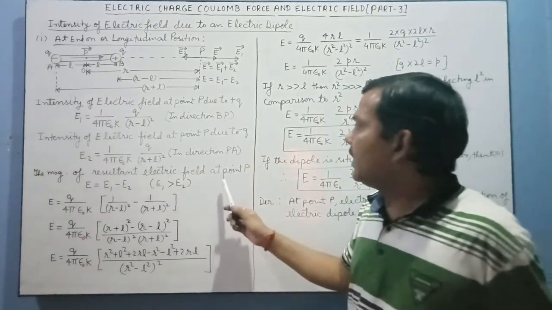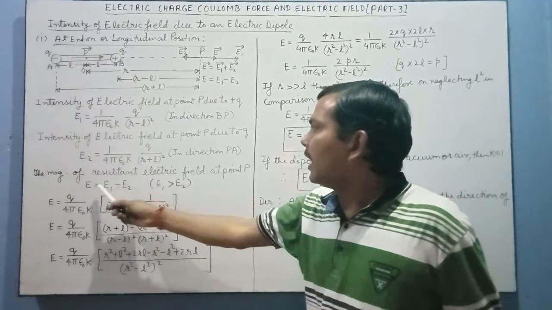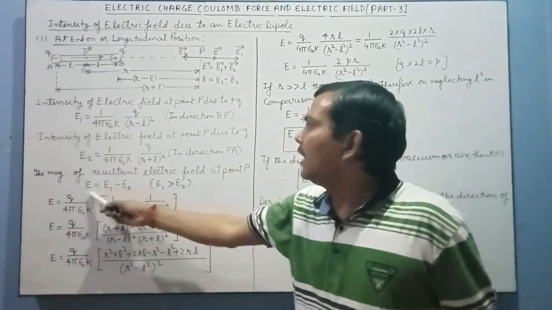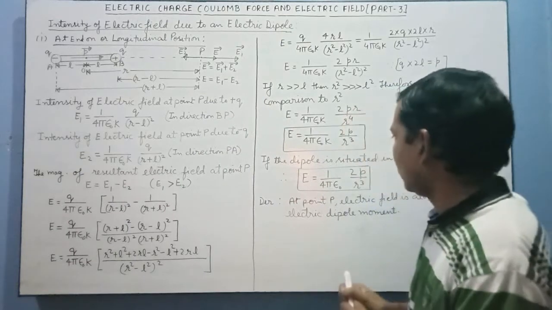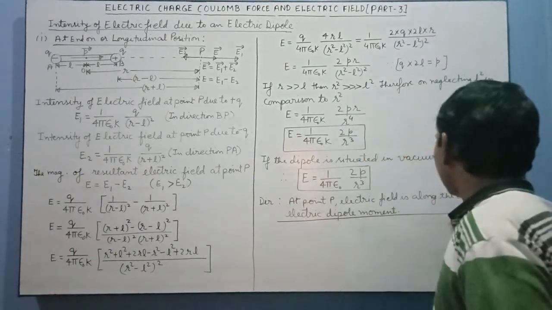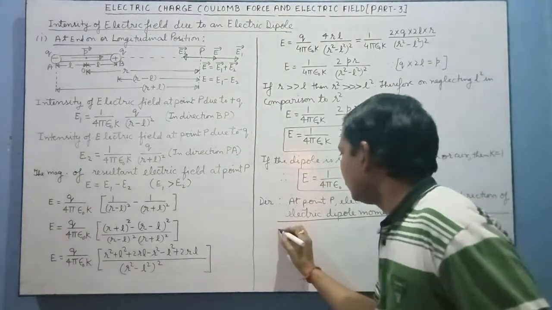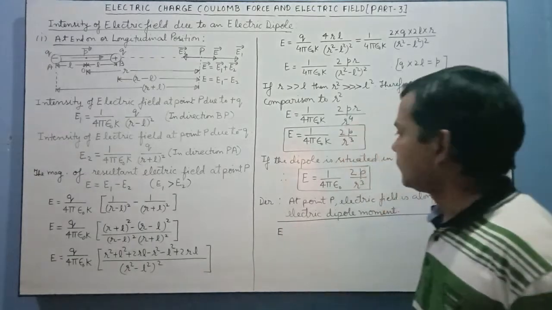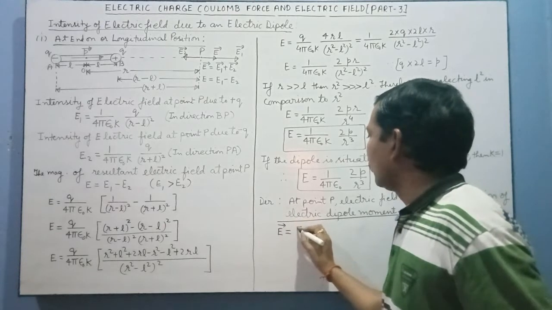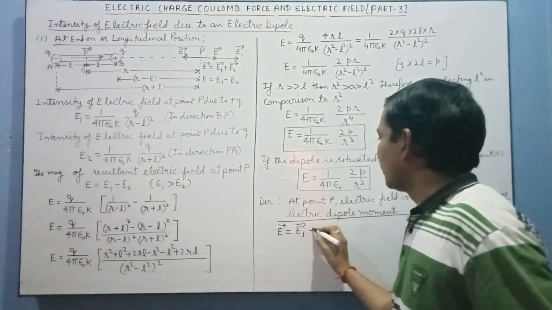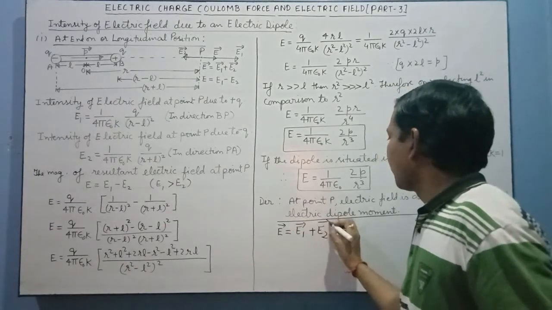To obtain the magnitude of electric field capital E at point P, we will see here separately, because electric field is a vector quantity and we will have to use the principle of superposition.